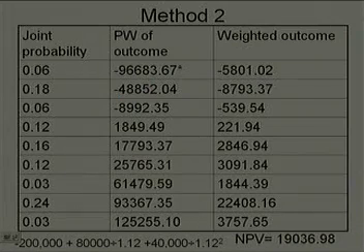If you look at method 2, the second column gives you the present worth or the net present value for different paths. Altogether there are 9 paths. So I have calculated the present worth for all the paths separately, besides calculating the joint probability for each of the paths.